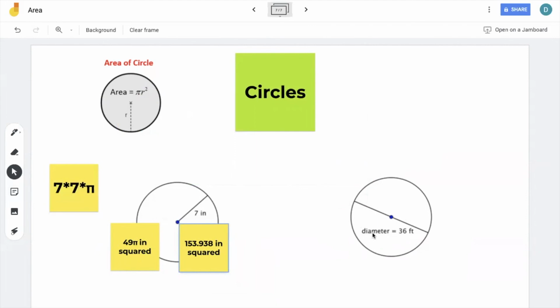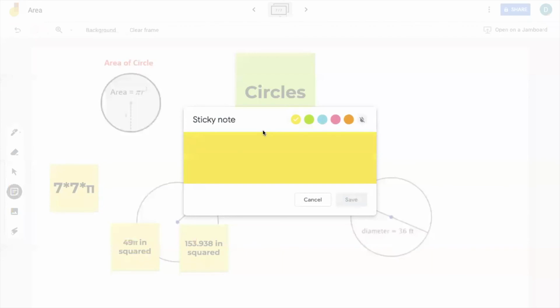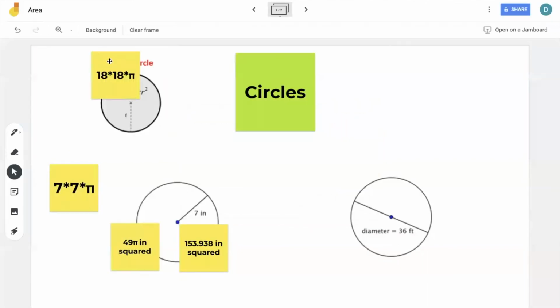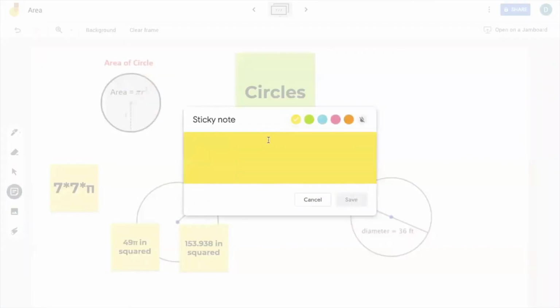So let's look at the other one here. Now notice they gave us the diameter this time, which is 36. We don't want diameter because that's not in the formula. We want the radius, which is half of the diameter. So what is half of 36? Well, that is 18. So we'll be multiplying 18 times 18 times pi. And so that will give us 324 pi feet this time.